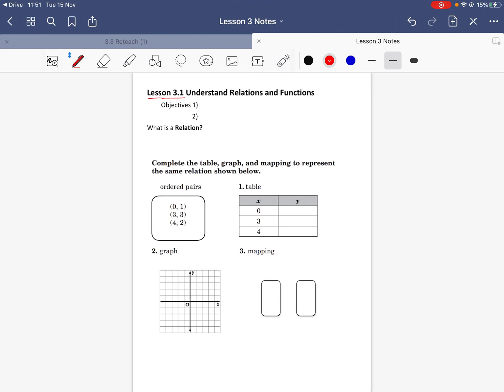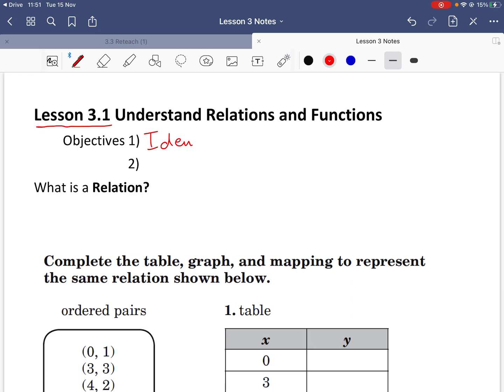So we're going to identify relations and functions. Our two objectives are: we're going to identify whether a relation is a function, and we're going to interpret a function.